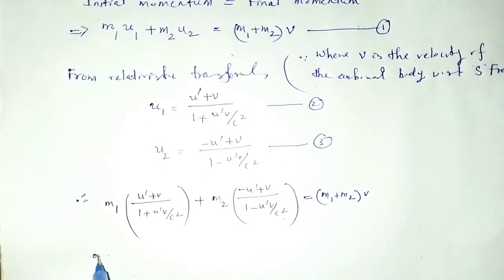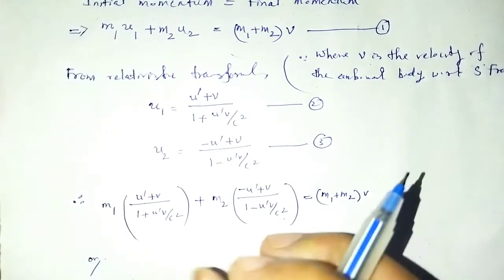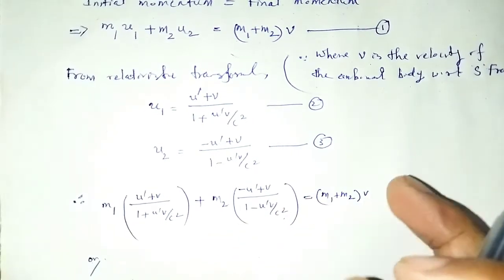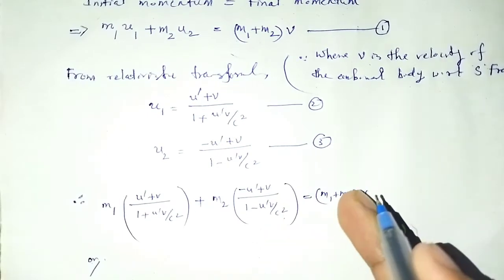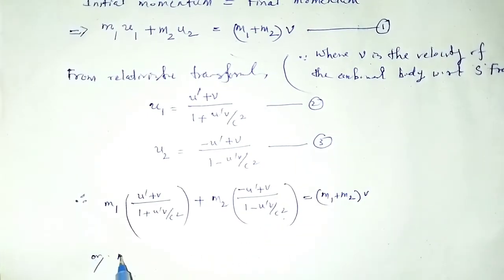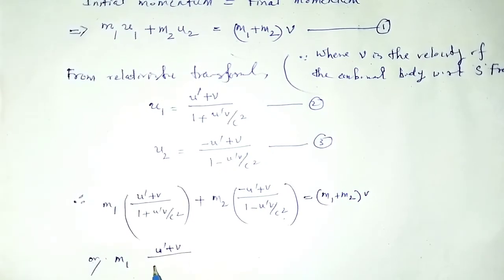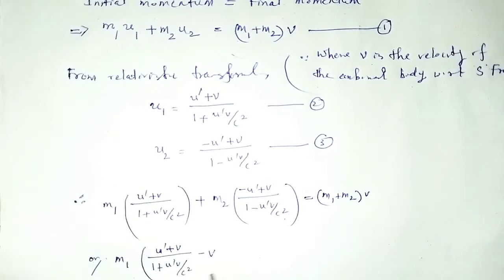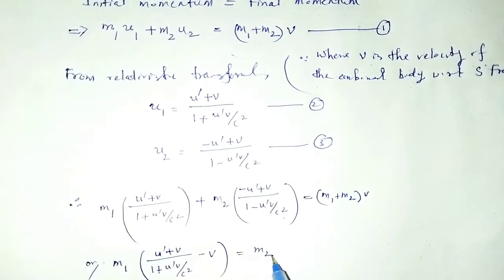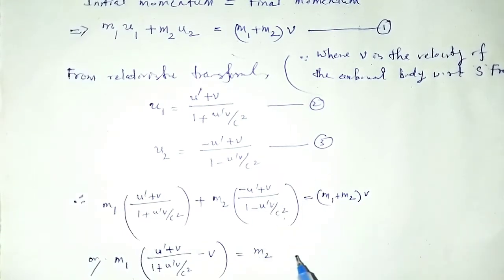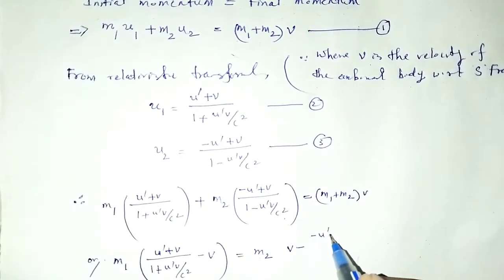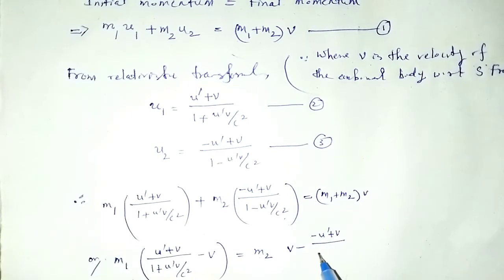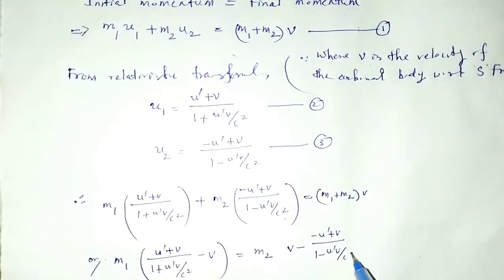Taking m1 as common, and m2 common to the RHS, we have m1 of u' plus v divided by 1 plus u'v divided by c square minus v, plus m2 of v minus u' plus v divided by 1 minus u'v divided by c square.